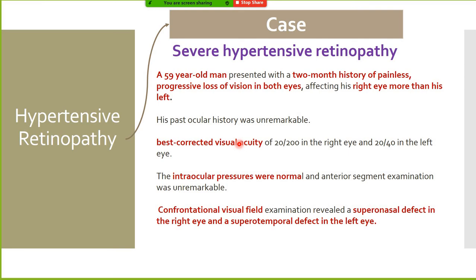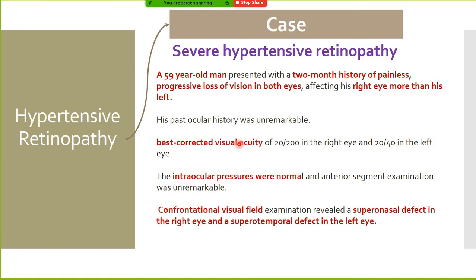His past ocular history was unremarkable, and his best corrected visual acuity was 20/200 in the right eye and 20/40 in the left eye. Intraocular pressures were normal, and anterior segment examination was also okay.